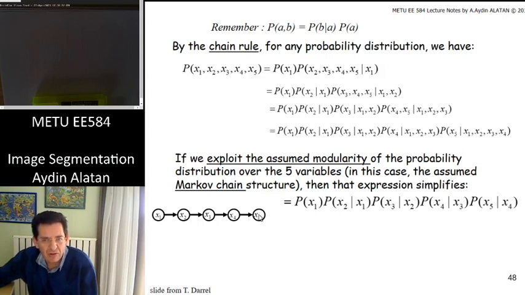You don't have to say the values of x1, x2, x3 for it. We assume only knowing the x4 value as a conditioning event, and I can obtain the distribution of the x5 random variable.